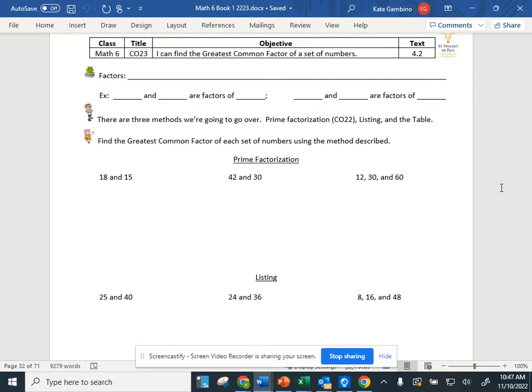Yesterday we broke it down with that prime factorization to find all of the primes that go into a number. Now we're looking at just the greatest common factor. So to do that, we need to know what factors are.